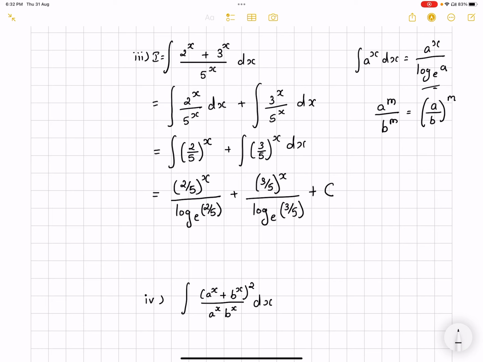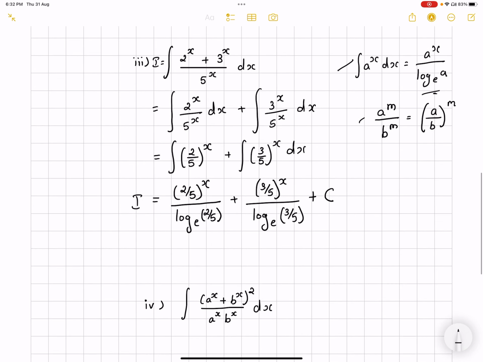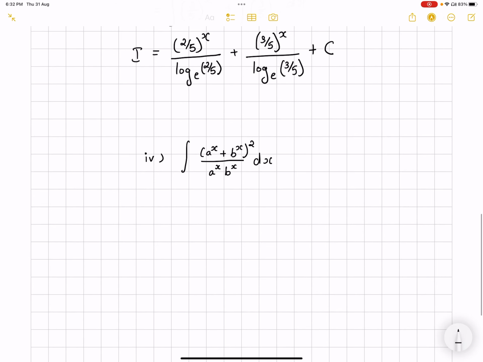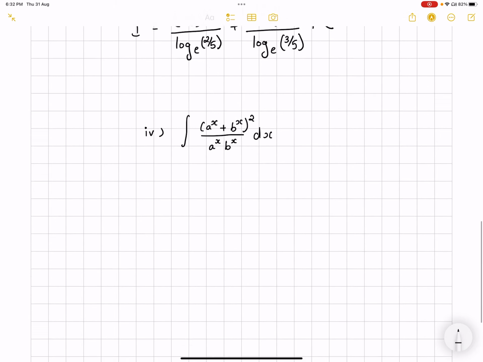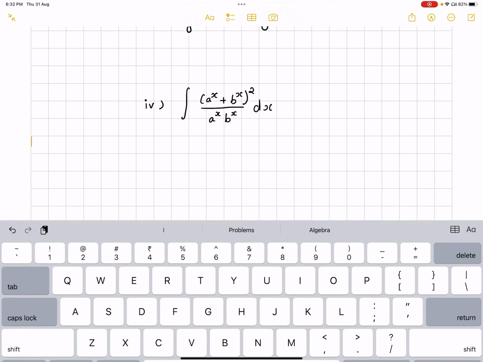That's it. It gets over. It's a very simple problem. The thing I need to know are the identities, the logarithmic and the integration formula. So here we are using exponential laws. Under that it comes. Now we will move on with this one.